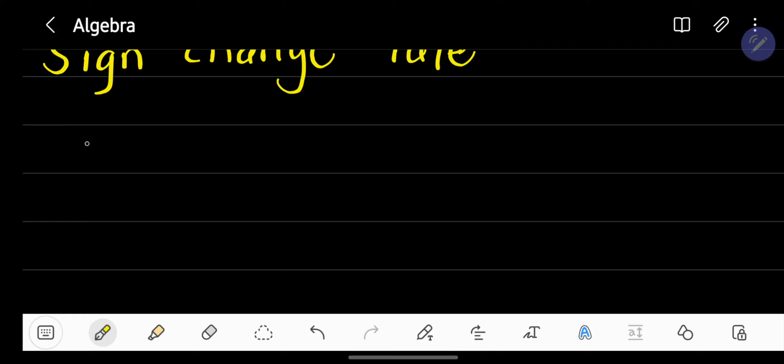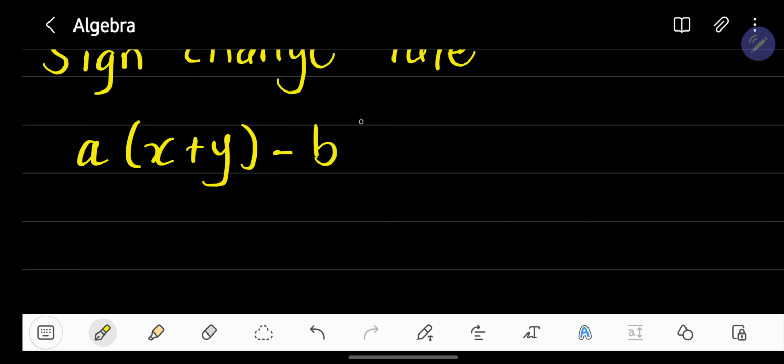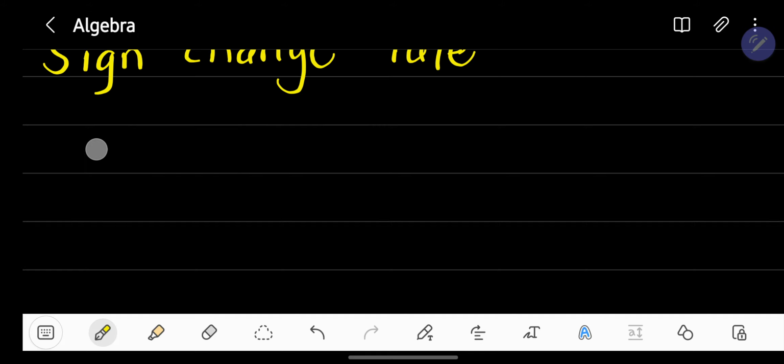If you have a into x plus y minus b into... no, let me take it from the book.